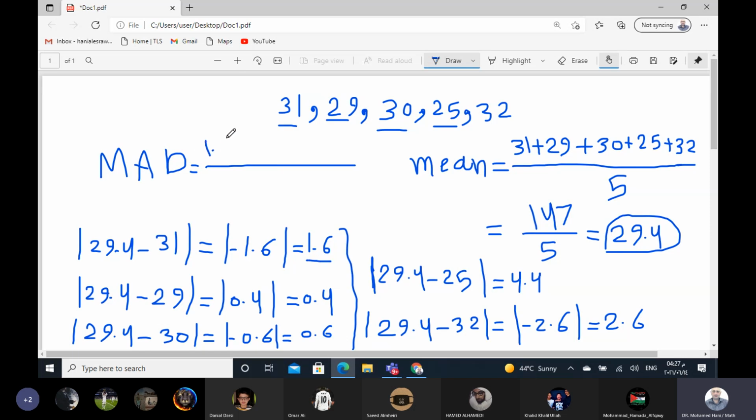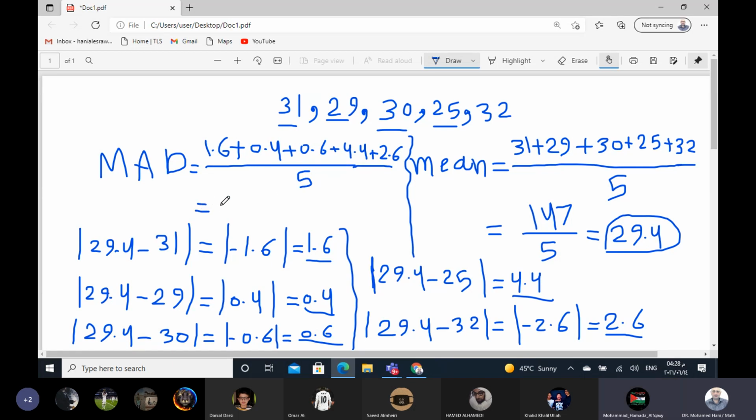We have 1.6 plus 0.4 plus 0.6 plus 4.4, which will be 7. Plus 2.6, it will be 9.6. Divide 9.6 by 5, and it will be 1.92.